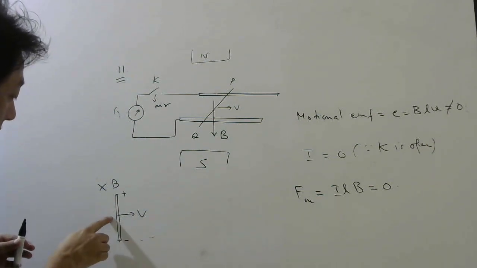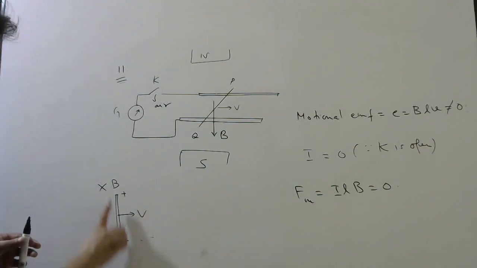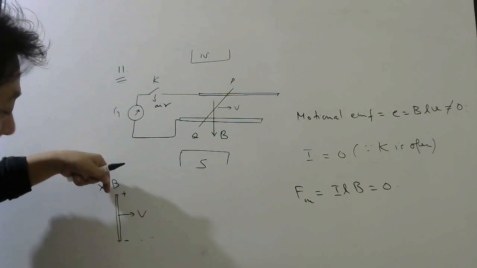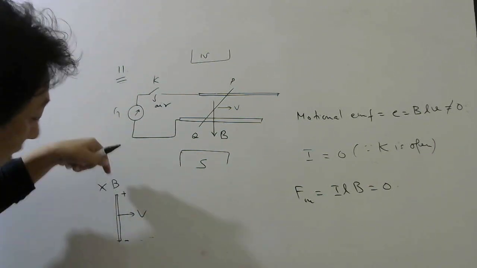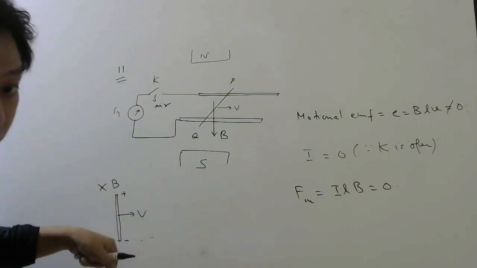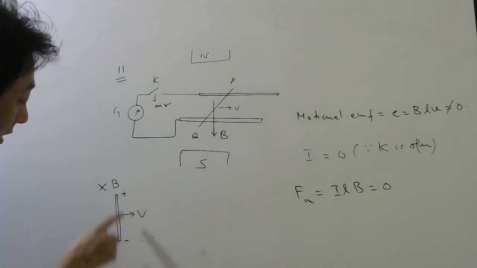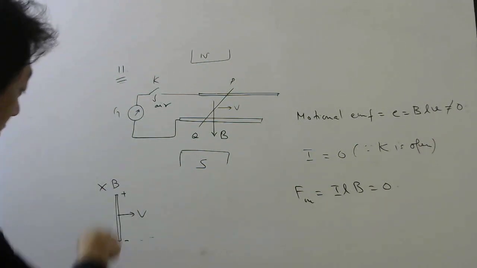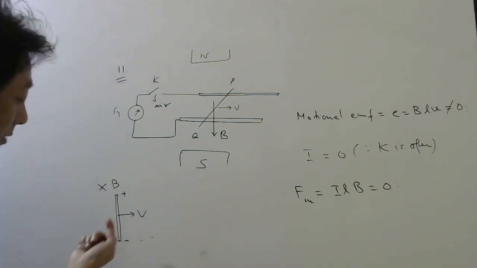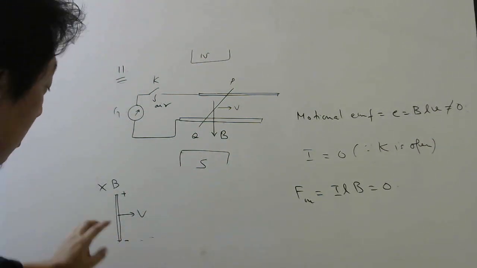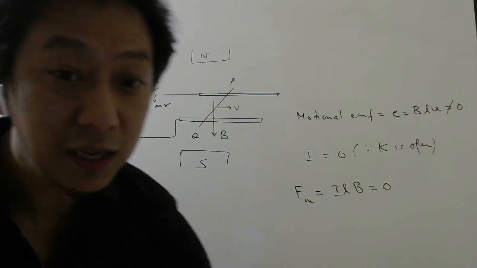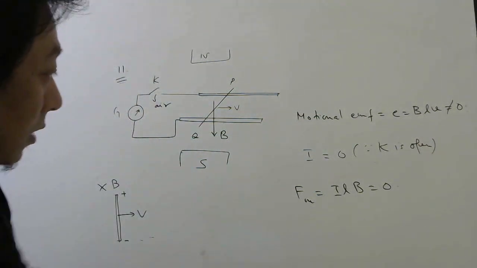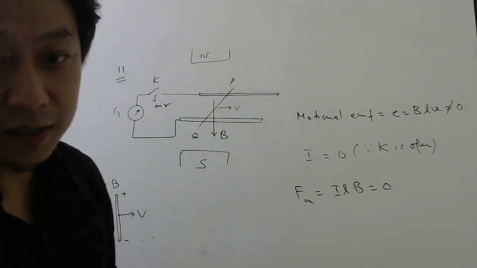So the positive charges will feel force QVB this way, and this plus and minus will create an electric field that will be down. Then the electrostatic force, which is electrostatic because these charges are static charges developed at the ends of the rod, will balance the magnetic force. So the electrons inside will not feel any net force. Even the rod will not feel any magnetic force.